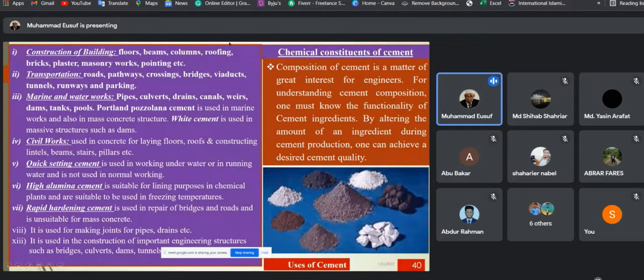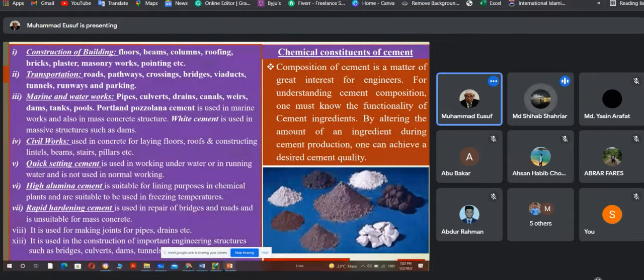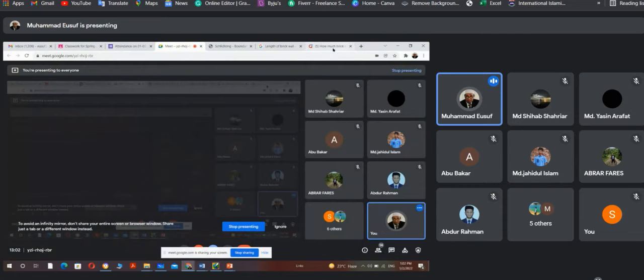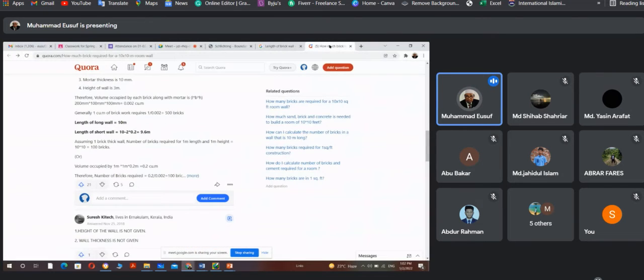Uses of cement. Our slide represents the uses of cement in the construction of buildings. In building construction we use cement: bricks, plaster, masonry.